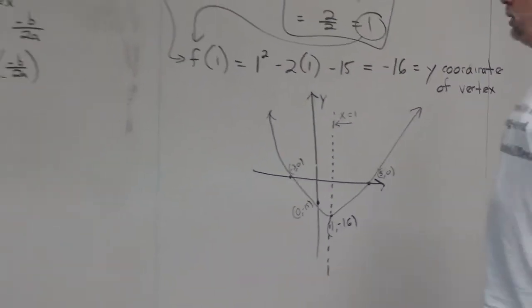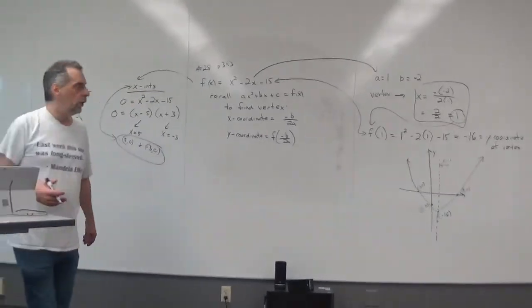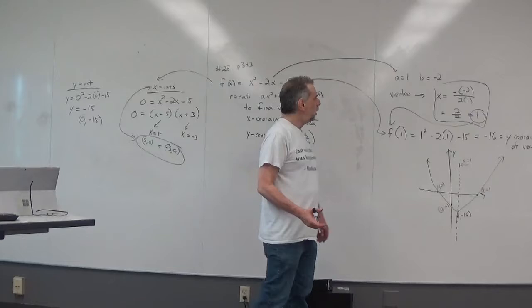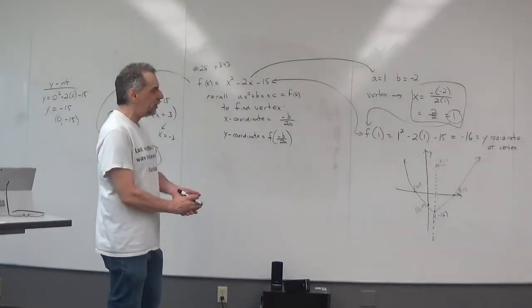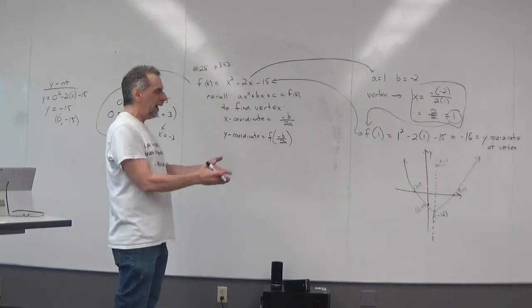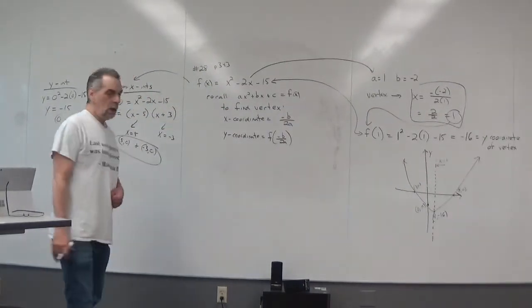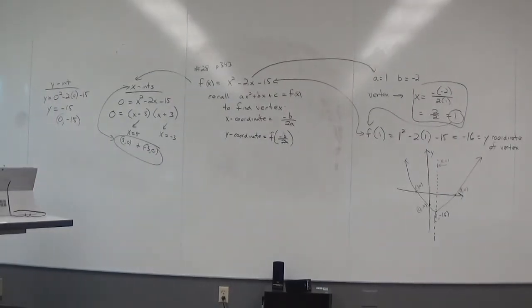Be able to take any quadratic in either of the two forms that we've talked about, general form or standard form, come up with the vertex, the axis of symmetry, x-intercepts, y-intercepts, determine what way it's opening, and be able to sketch the graph.